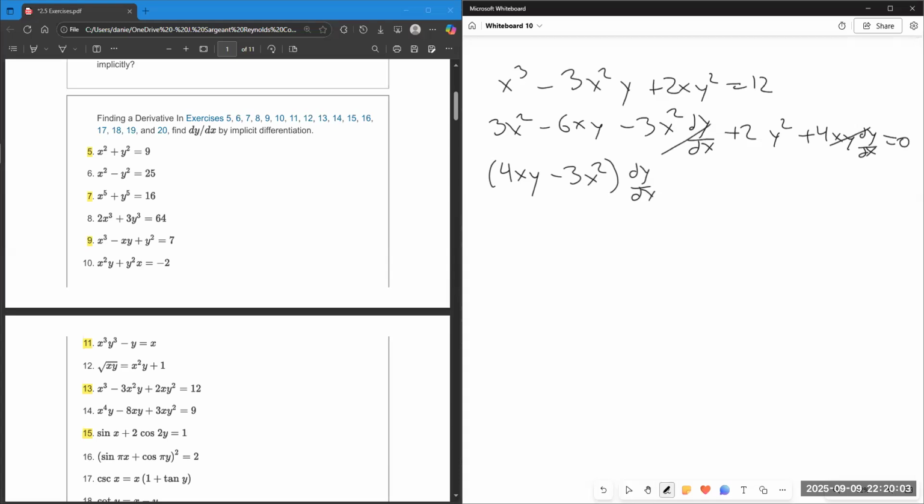Take everything else to the other side. So 6xy becomes positive, 3x squared becomes negative, 2y squared becomes negative.